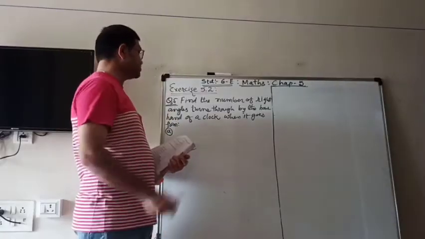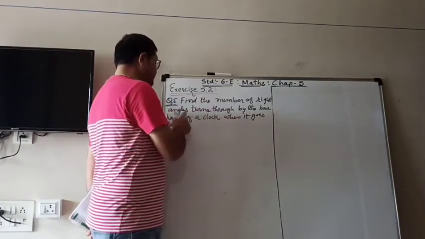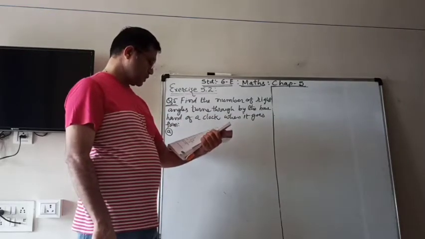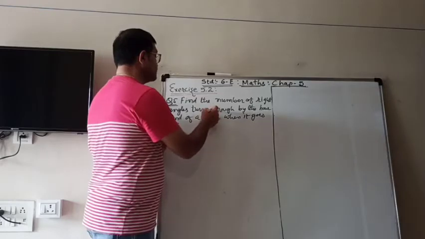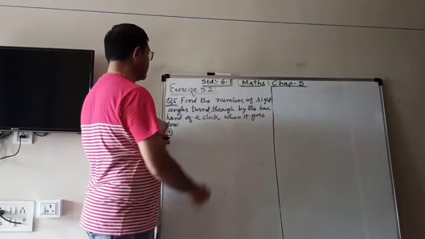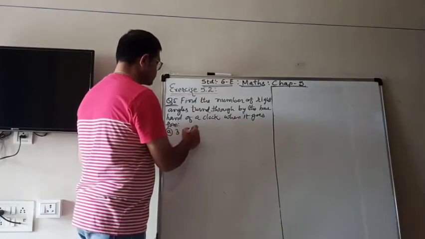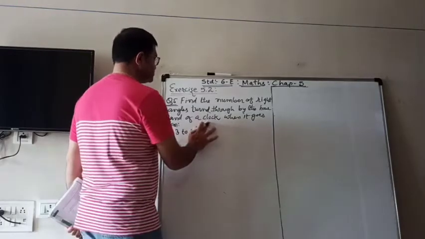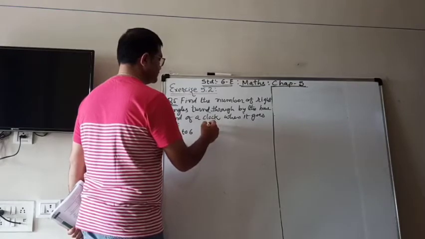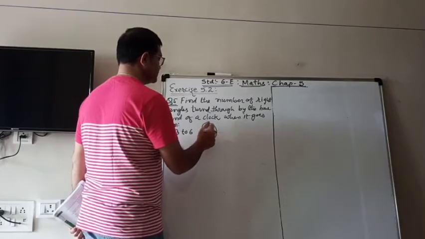Now question number 5. Find the number of right angles turned through by the hour hand of a clock when it goes from, first, 3 to 6. It is easier when we draw a simple diagram. 12, 3, 6, 9.